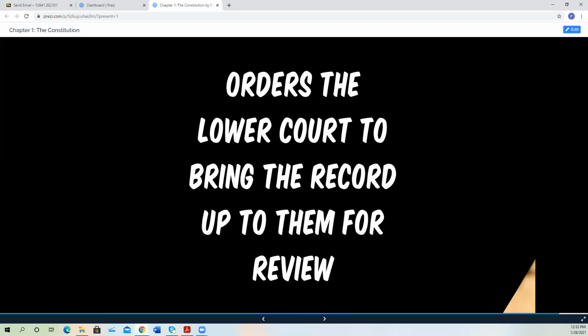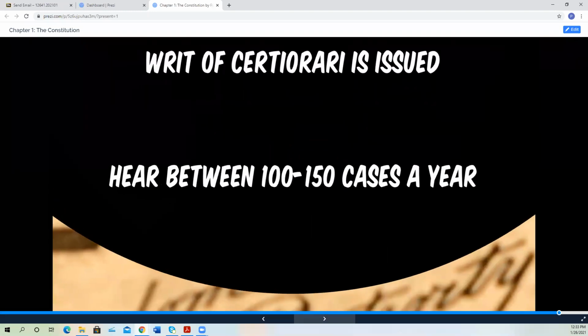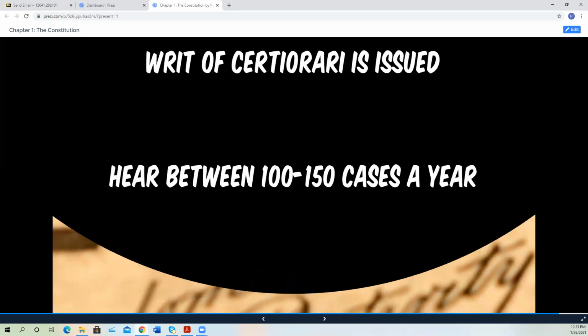A writ of certiorari is just telling the lower court, the Court of Appeals, bring us that case. We are going to hear this case. They hear between 100 and 150 cases a year. They get thousands of petitions a year, and they only decide to hear between 100 and 150.